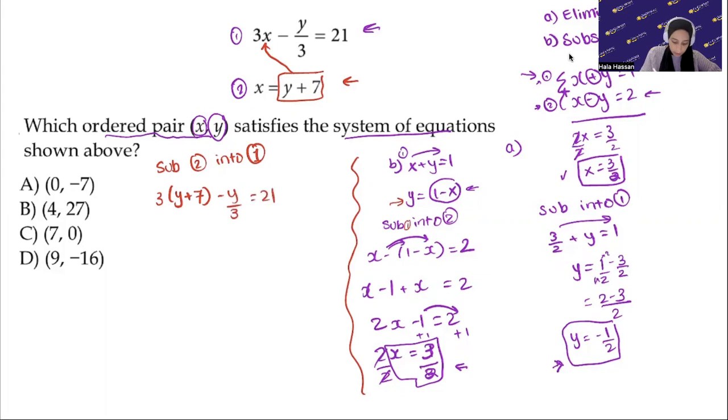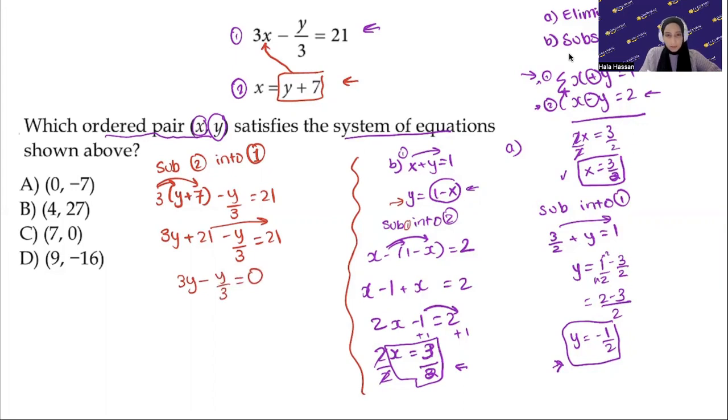Now I solve for y, so I'm going to say 3y, right? I'm distributing: 3y plus 21 minus y all over 3 is equal to 21. And then now I just isolate for y. So if I bring this to the other side, that's just 0, right? So I have 3y minus y over 3 is equal to 0, because that's 21 minus 21.